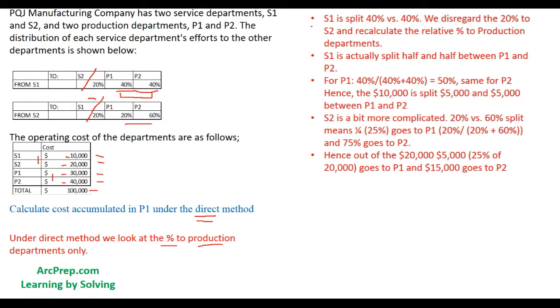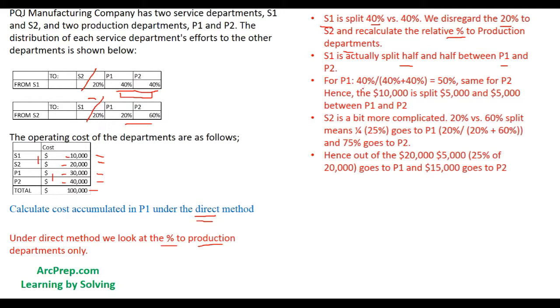So S1 is split 40% and 40%. We disregard the 20% of S2, recalculate the relative percentages of S1 to production departments. And what we realize again is S1 is actually split half and half between P1 and P2.